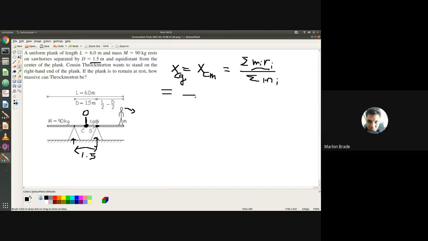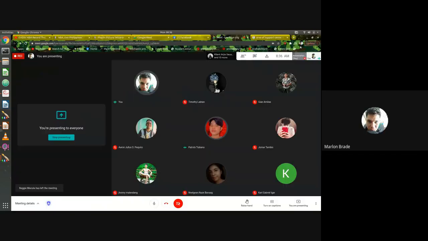So M sa plank multiply sa R. Okay, this is not R actually but X, kay X man gihapon siya. So MP multiply by X, ang position sa plank.